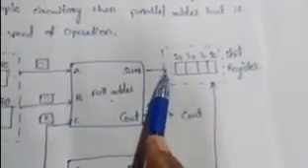The next block is the shift register, which is used to store the summation of A and B registers. Here the same kind of shift registers are used.